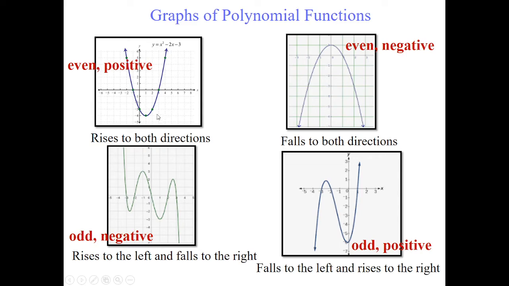Ito po ang illustration natin. Ayan. Even positive rises to both directions. Even negative falls to both directions. Odd negative rises to the left and falls to the right. And odd positive falls to the left and rises to the right.